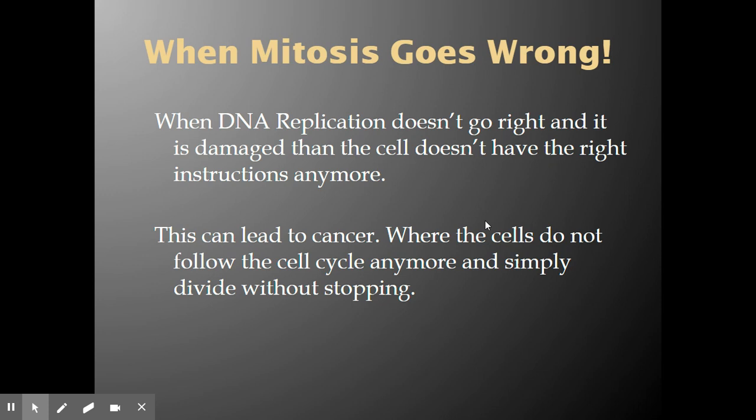And then we talked about our final phase of cell replication, which is cytokinesis, where the two cells that were being made are cut off from each other to make them independent cells. Okay, and then we lightly touched on what happens when mitosis goes wrong and how we get cancer.